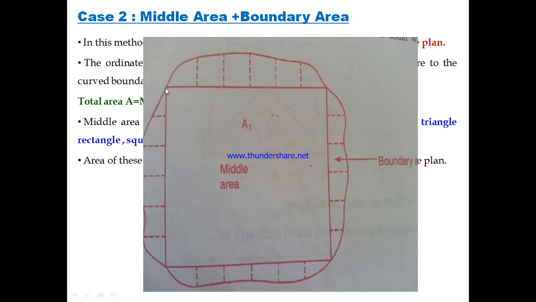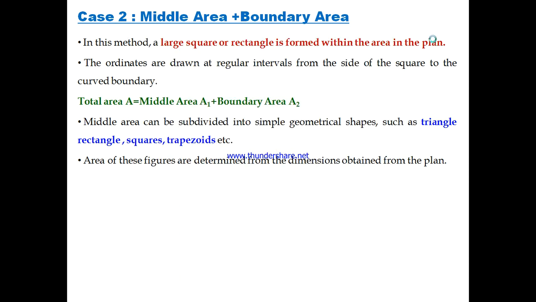Now we have divided this area majorly into 2 parts, that is the middle area, which is in the form of a perfect square whose side dimensions we know, and then we are left with these 4 boundary areas, 1, 2, 3 and 4, and we try to calculate the area of these 4 bounding areas. So this is the second case. Okay, what was the first case?